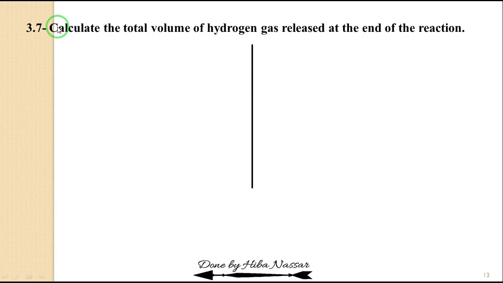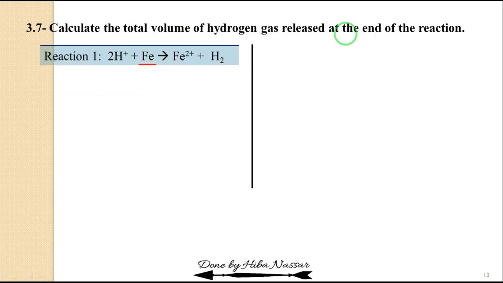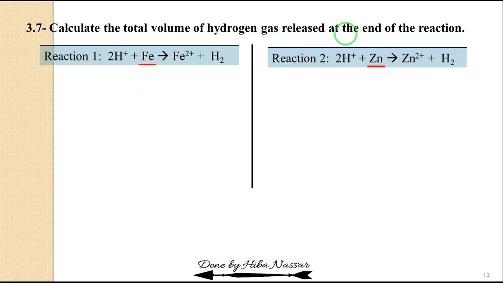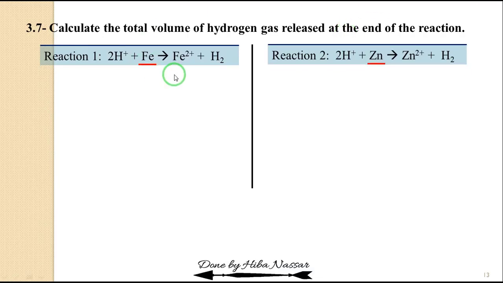Now 3.7, calculate the total volume of hydrogen gas released at the end of the reaction. Here you will notice that we have two reactions, and from both reactions we have the release of hydrogen gas. So you need to calculate the amount of hydrogen released from the first equation and the amount of hydrogen gas released from the second equation, and add them together in order to calculate the volume of hydrogen gas.